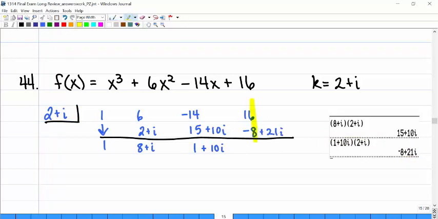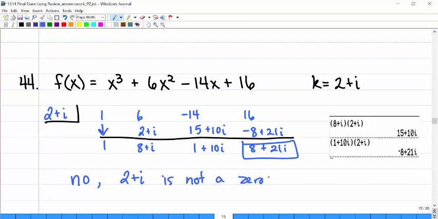Adding, I get 8 plus 21i. Notice that this is my remainder. The remainder is not 0, so no, 2 plus i is not a 0 of the polynomial f of x.